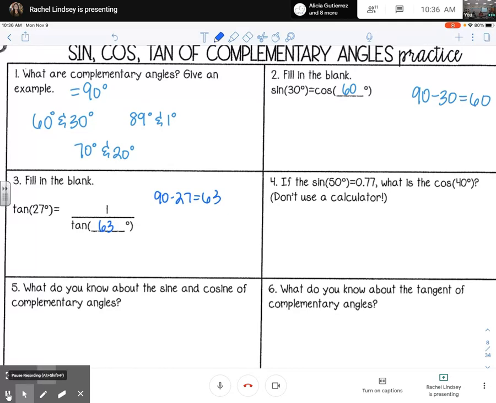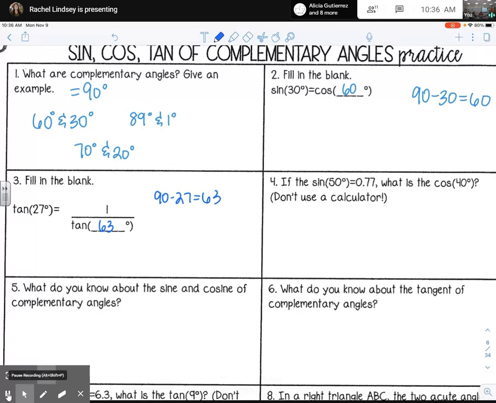Page 11? Okay, number 4 says if the sine of 50 is 0.77, what's the sine or cosine of 40? Don't use a calculator. 50 and 40 are complementary, therefore they are equal, so 0.77. So the sine of 50 equals the cosine of 40.